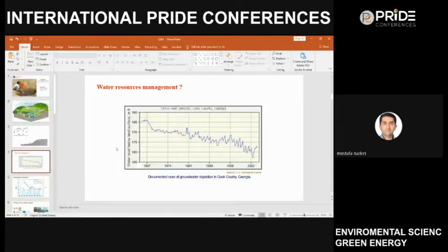For example, this groundwater level, a documented case of groundwater depletion in Cook County in Georgia, shows that the groundwater level from 1967 decreases gradually and continually over about a 35-year period, and the groundwater depletion caused the water table to decline by about 15 feet.